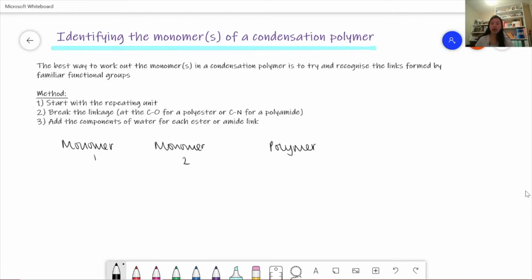So if we have a dicarboxylic acid, we have HO, CO, and let's just call this A. A can be anything. And then the second monomer is a diol. I'll call this B instead. So this is a diol, and this is a dicarboxylic acid.